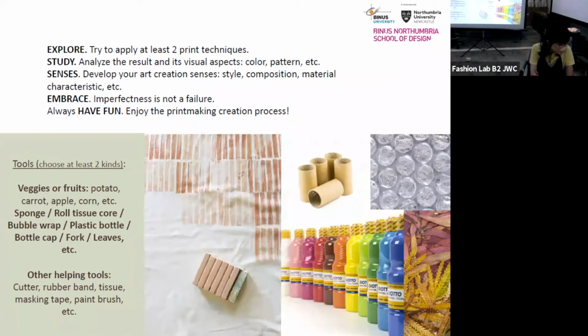And then study, analyze the result and its visual aspects, the color, the pattern. Even meskipun nanti akan ada uneven, maksudnya kan pasti nggak akan rata sama semua. It's okay, just embrace the imperfectness. That's the beauty of printmaking like this, okay?